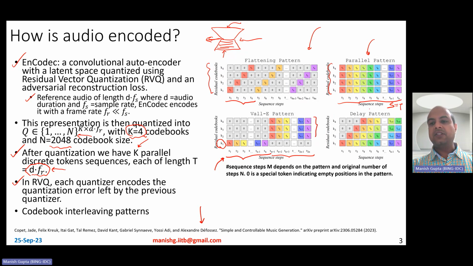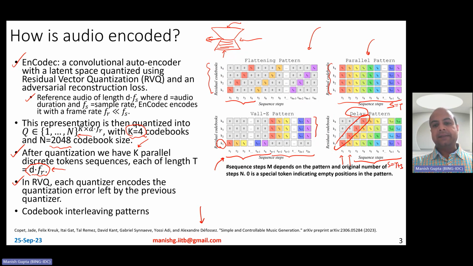Then there is also the delay pattern, where you have the first time point, the first code, and at the second time point there is a delay. T1 is still represented using 4 different sequence steps, but T2 doesn't start only after T1 finishes. So the overall sequence steps here are approximately S equal to T, or more precisely T plus 3.